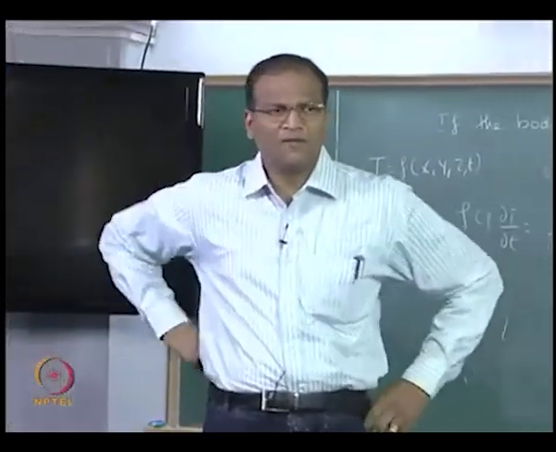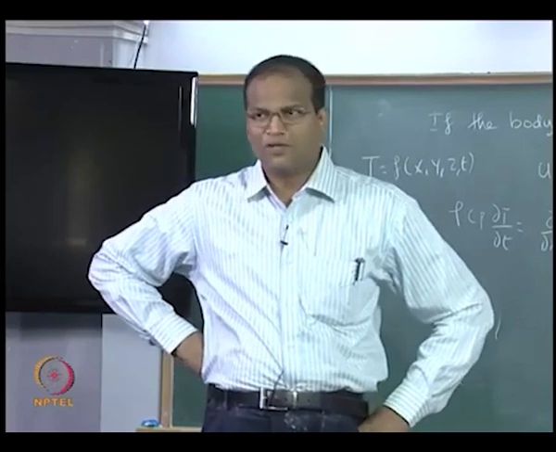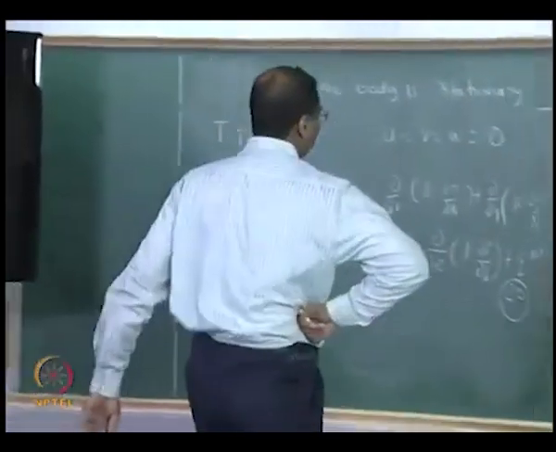K by rho Cp is alpha. I always ask, k by rho Cp is alpha. Okay, alpha.